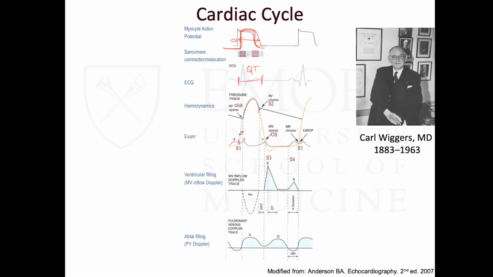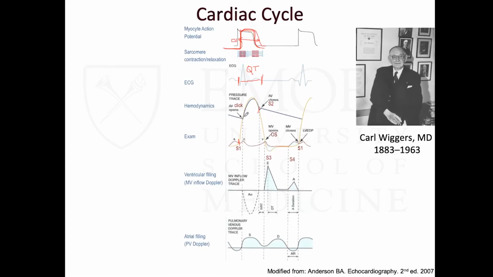S1, we remember, is closure of the mitral valve, and S2 is closure of the aortic valve. Here we're focusing just on the left side of the heart. We're not going to superimpose the right side of the heart. So first heart sound is closure of the mitral valve. Second heart sound is closure of the aortic valve.